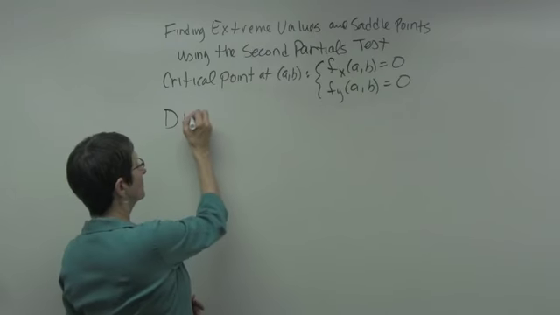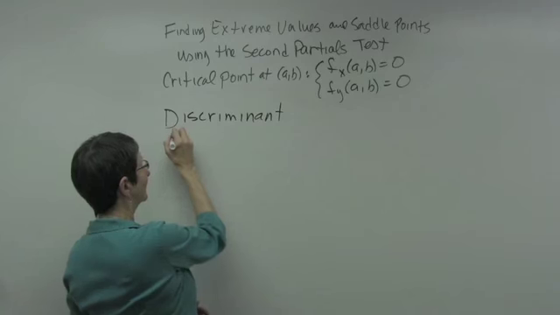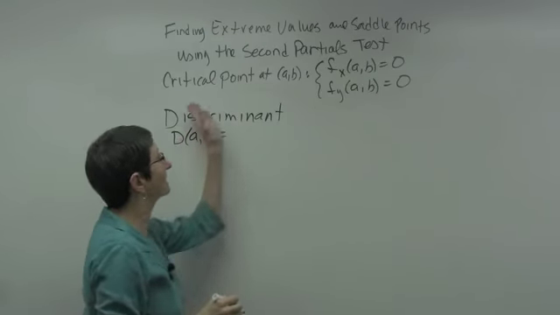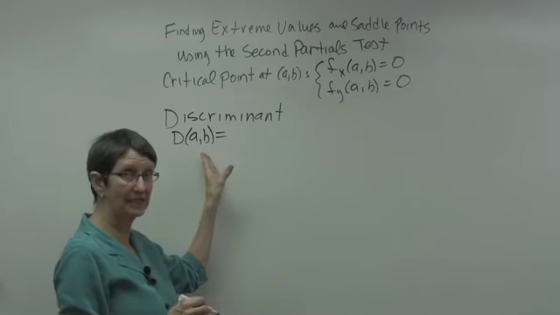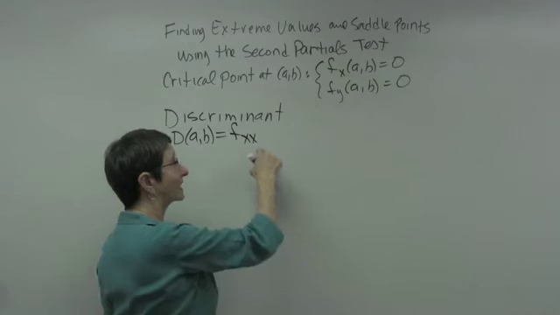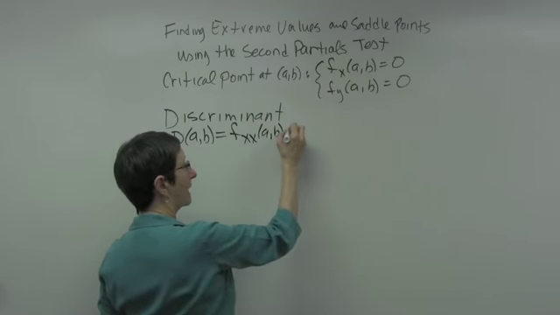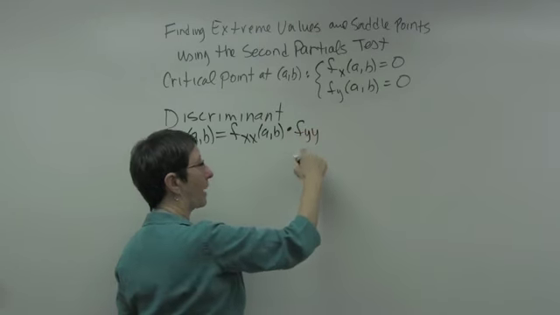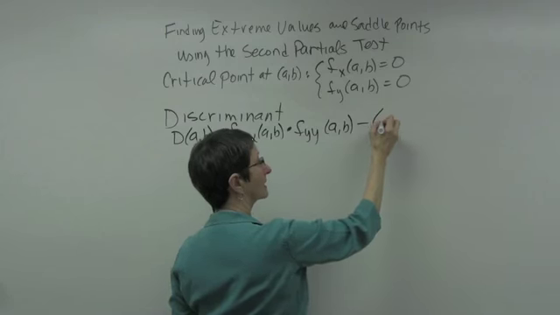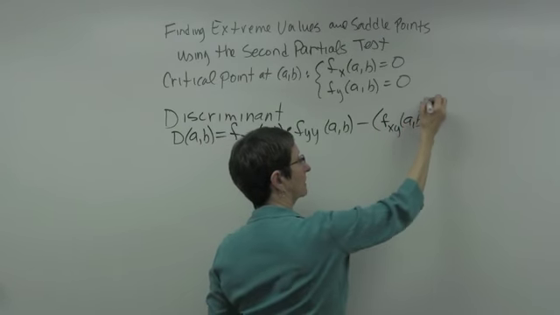Now, the function is often called the discriminant. It is D, and I'm going to say the point (a, b) because I have found my critical points and I plug them into D. D is equal to the partial of f with respect to x twice at the point, multiplied by the partial with respect to y twice at the point, and then you subtract the mixed partial at the point squared.